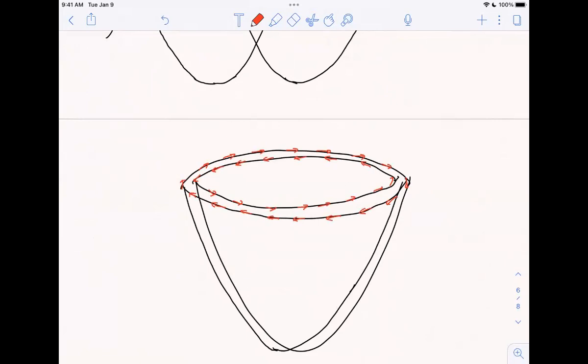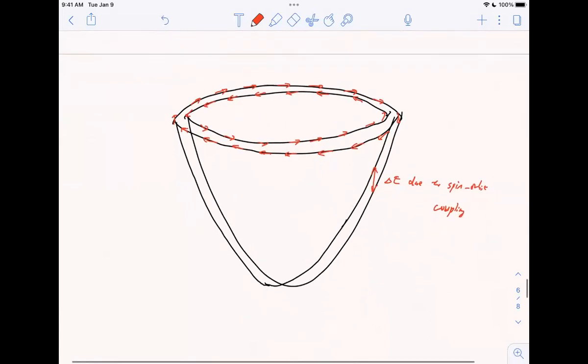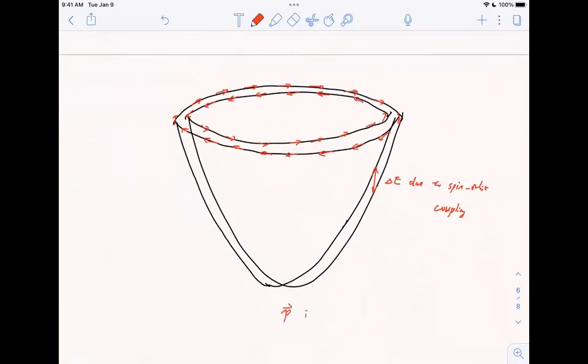And this small gap here is the energy gap due to spin-orbit coupling. First, you need to know that P is still a good quantum number.